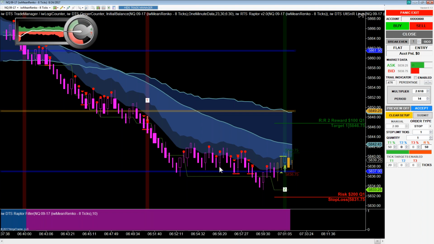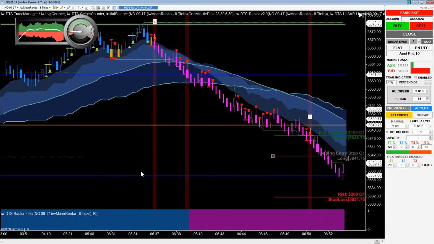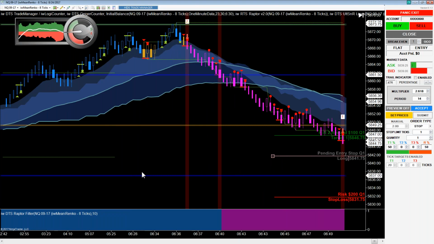All the second push entry means is we allow the signal to engage, and a lot of times when that signal engages, it flinches. It's just the nature of the market, I suppose.